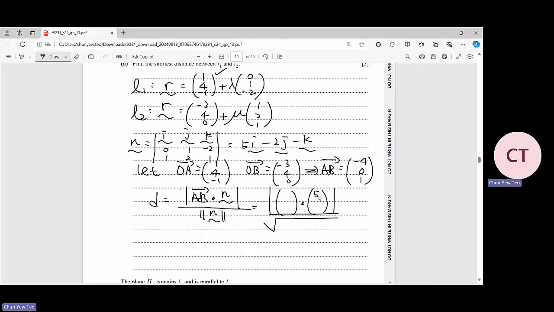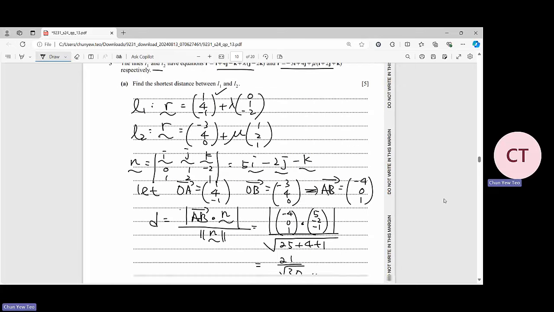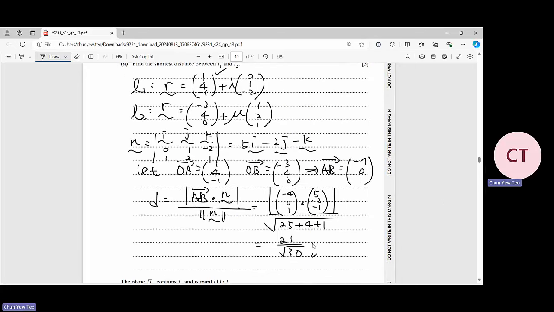N is (5, negative 2, negative 1). If you find the magnitude, it will be the square root of 25 plus 4 plus 1. Then AB is (negative 4, 0, 1). So when you press the calculator, you get negative 20 minus 1. You get 21 over the square root of 30. Okay, so this is the answer already. That is the answer, the shortest distance between the two lines. Maybe we can put the unit over here.